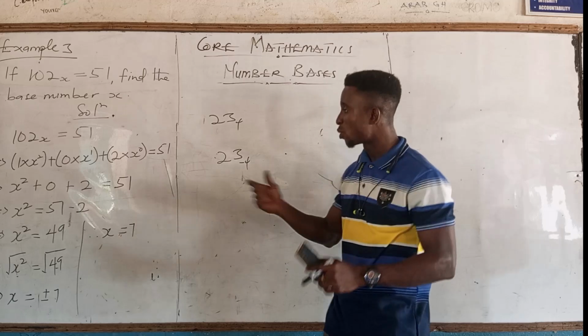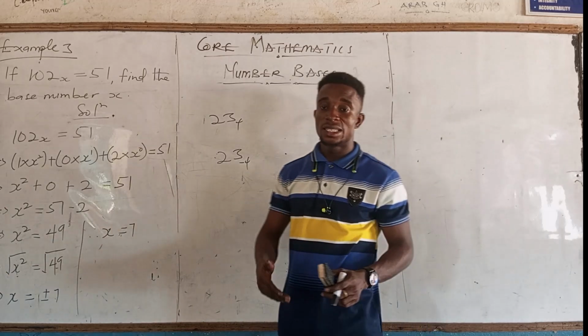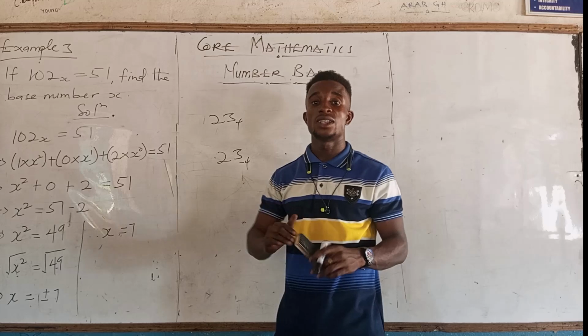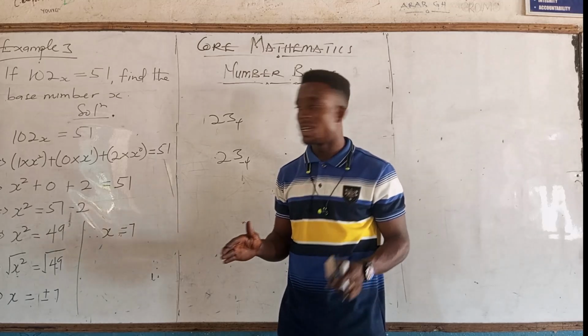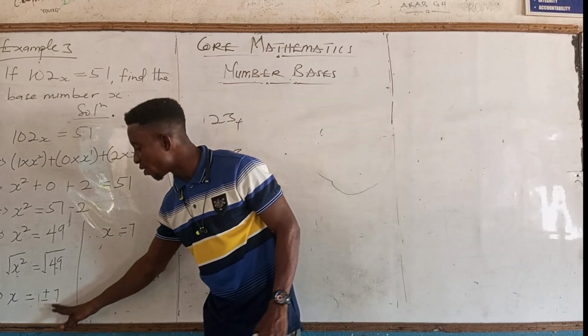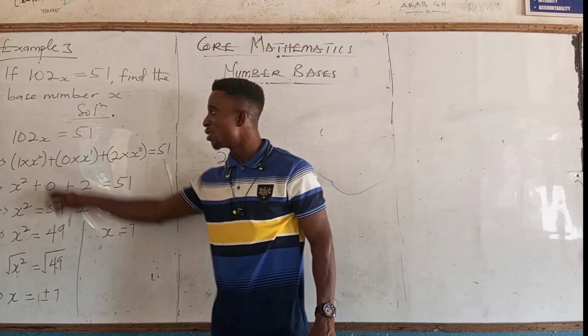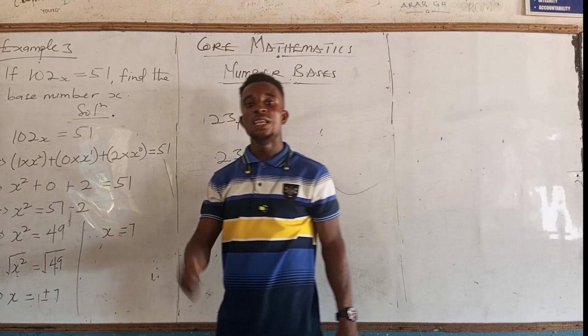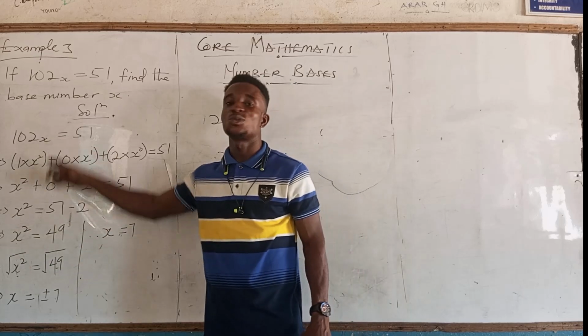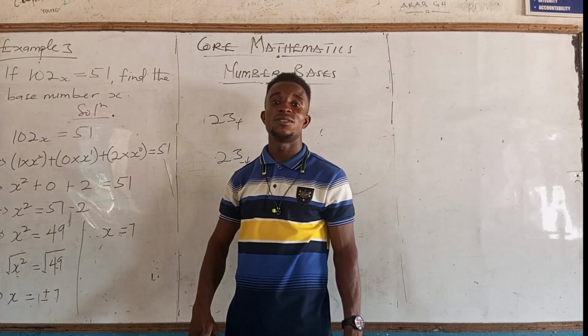Are we getting that? So beginning with the number base, we never had what? A negative as what? A base. Please, are we getting that? So since we are having negative 7 or positive 7 for x, since we are referring to number base, the only possible answer that can be for x is what? Positive 7, but then not the negative of it.